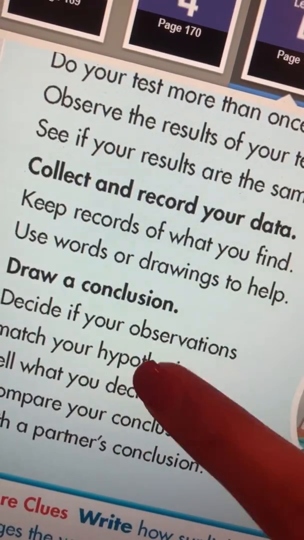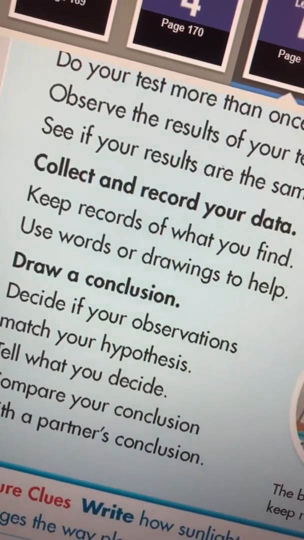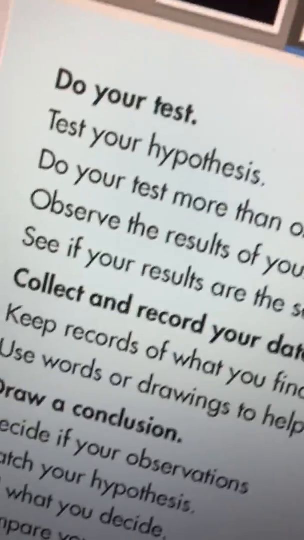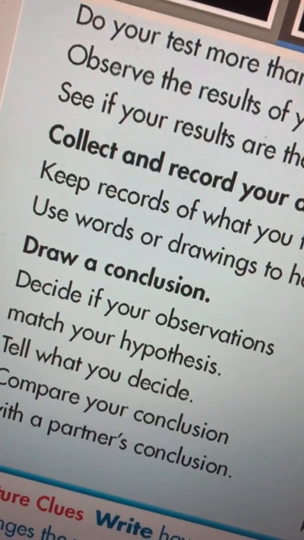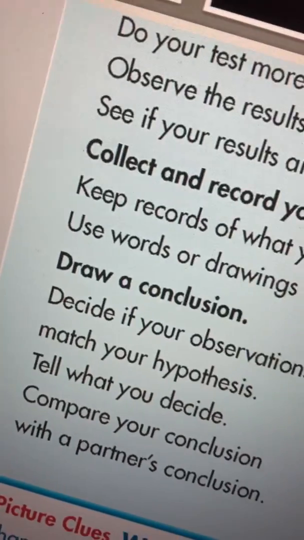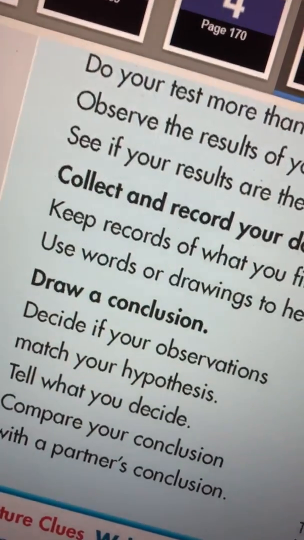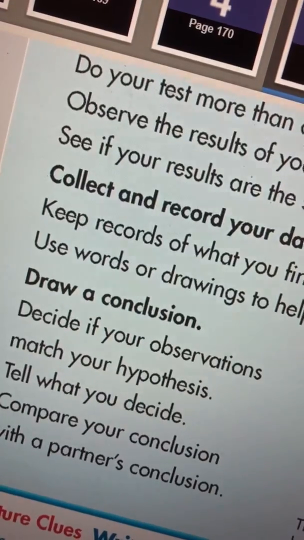So you will compare these two results, your observation from the test and your hypothesis. Are they the same, are they different? Did you answer correctly?